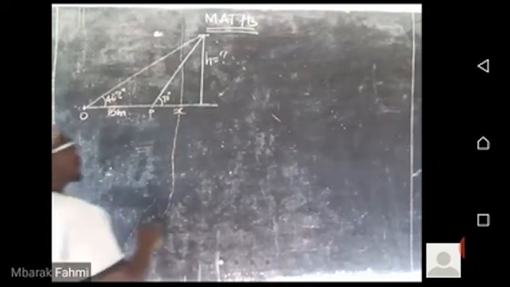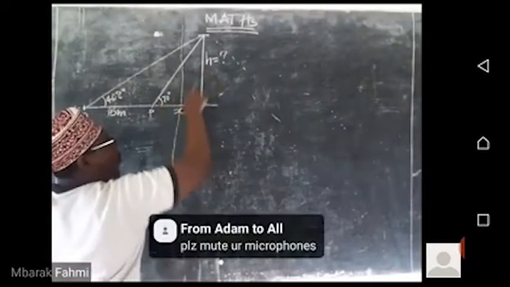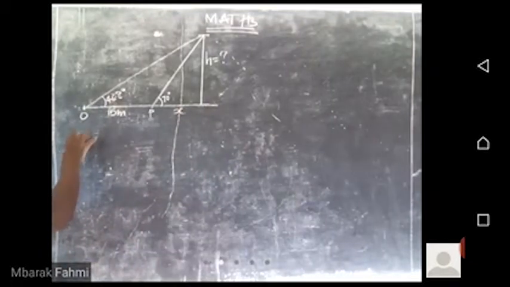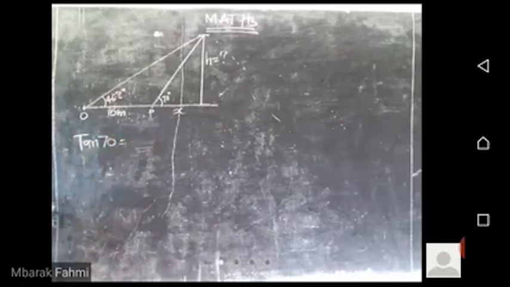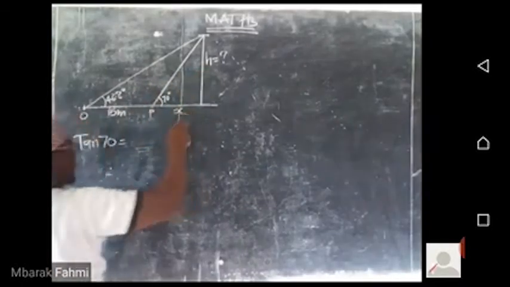If that is X, then we find the height of the building, which is opposite over adjacent, which we say is tan. So tan 70 degrees is equal to opposite over adjacent.